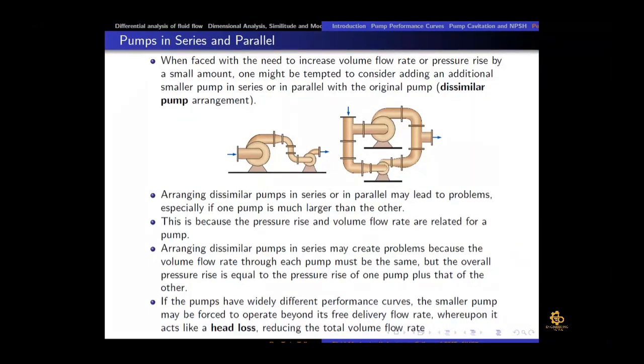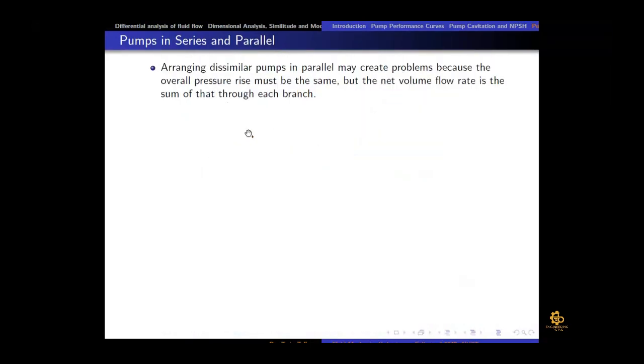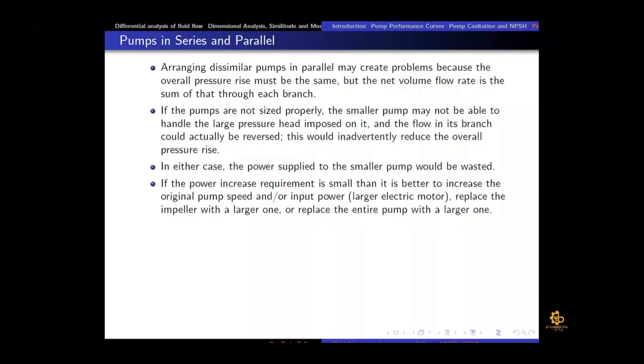So we don't need to go toward a smaller pump, which is very different in performance specification compared to the larger pump. That is the best way. If the power increase requirement is small, then it is better to increase the original pump speed or input power, replace the impeller with a larger one, or replace the entire pump with a larger one.